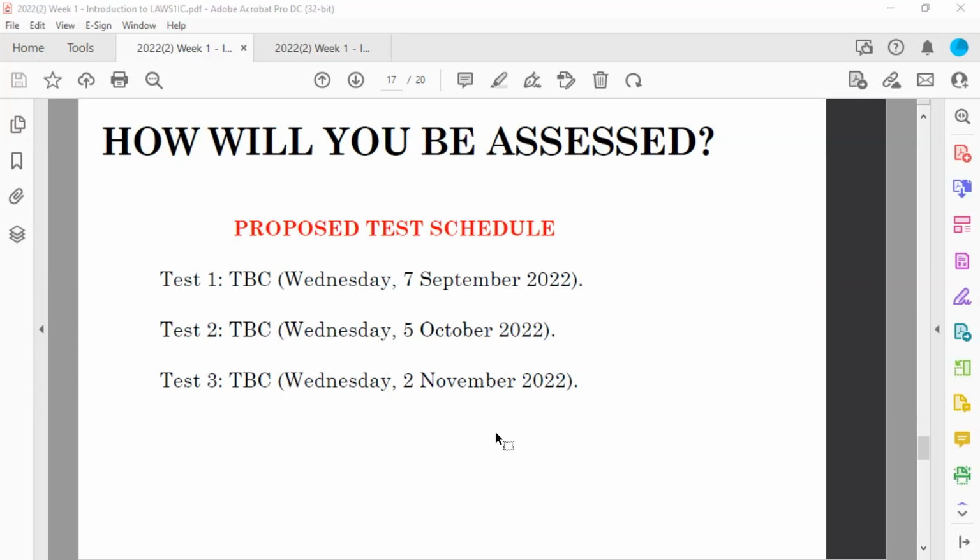If there's any issues, then the class rep can email me and say, there's a clash with the test. Please, let's have a look at the test. Can we move the test date? Right. So that I want to see from the class rep. I cannot answer 200 students all individually emailing me these kind of queries.